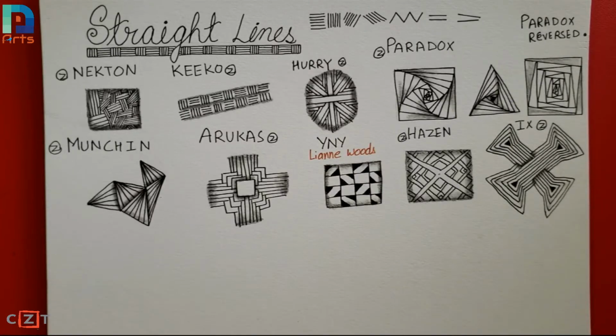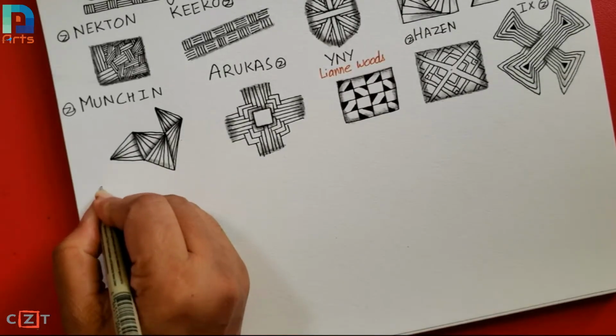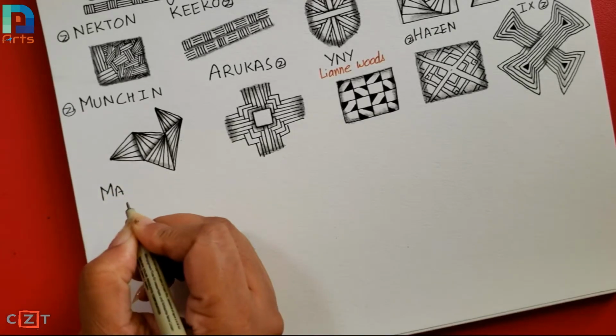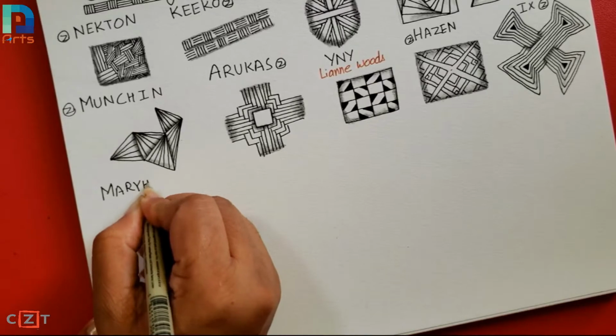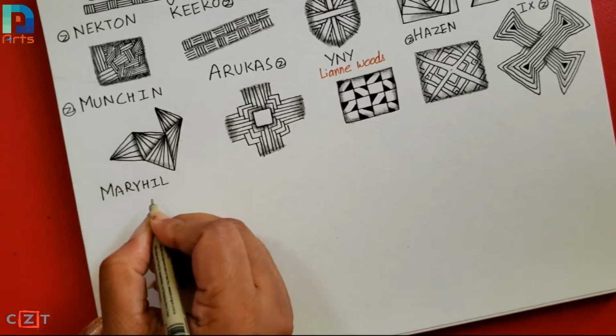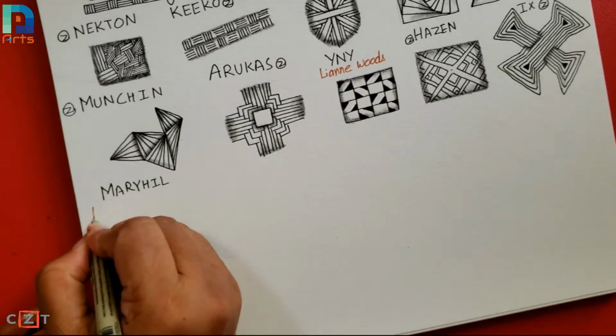Okay, so now let's draw the next tangle, and the name of the next tangle is Maryhil. This tangle has been deconstructed by Betsy Wilson, CZT.